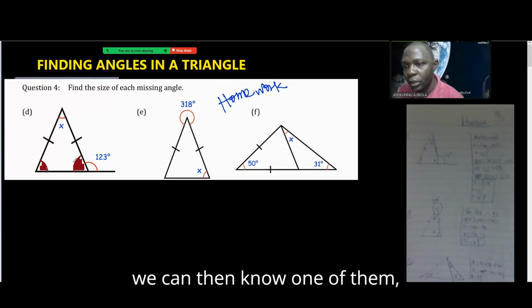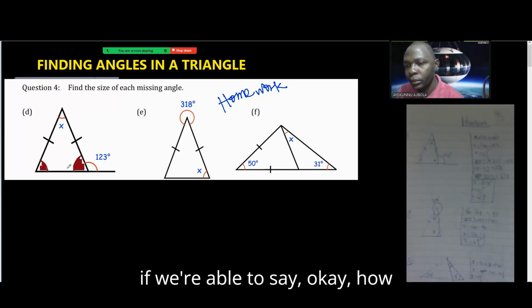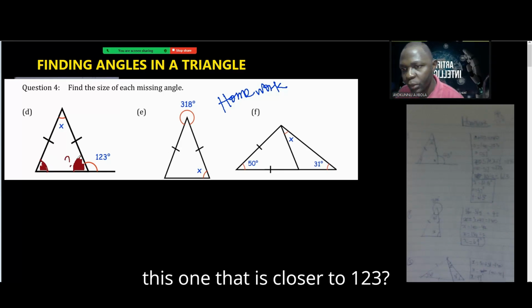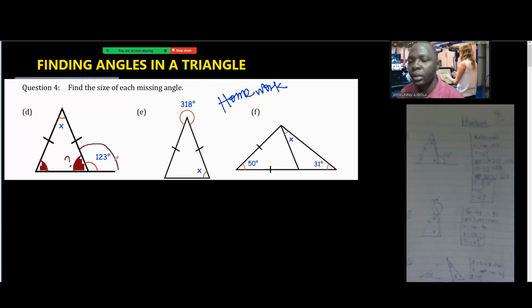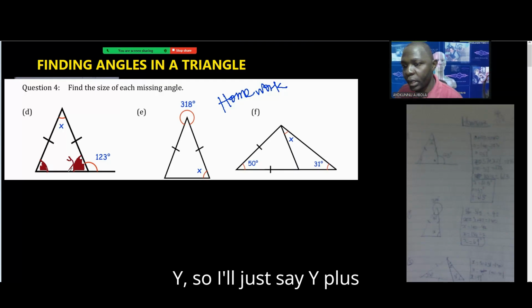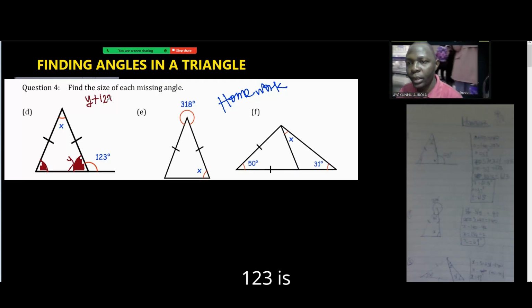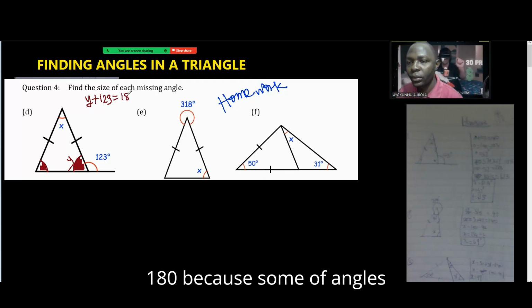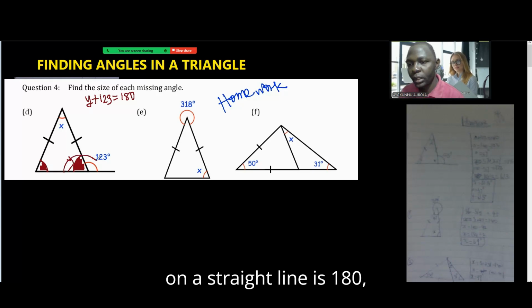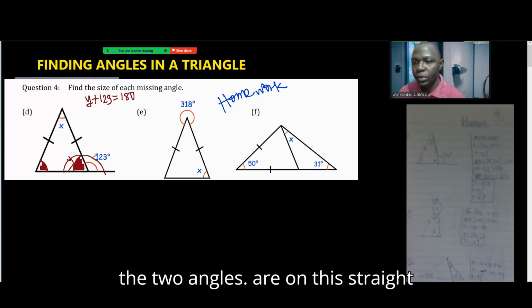Then we can know one of them if we're able to find one of them, which is this one that is closer to 123. If I call it angle y, then y plus 123 is 180, because the sum of angles on a straight line is 180. The two angles are on this straight line.